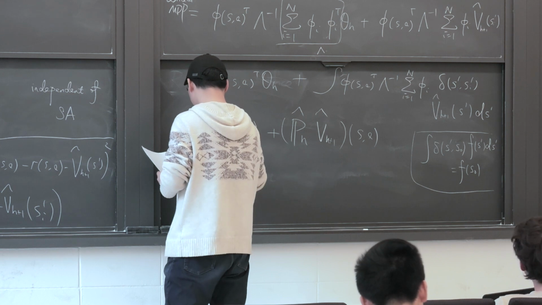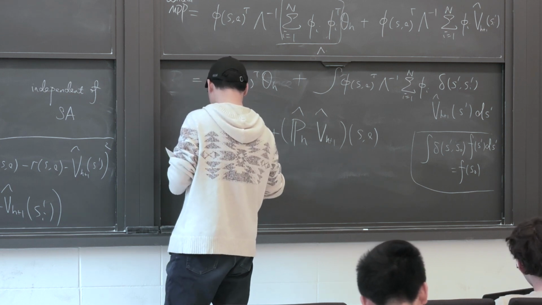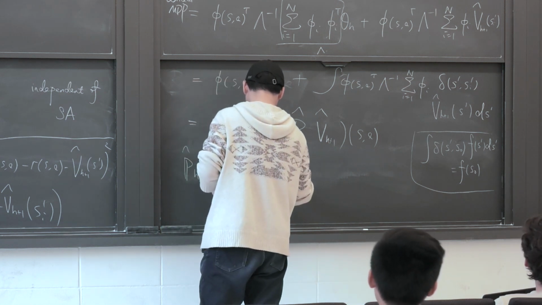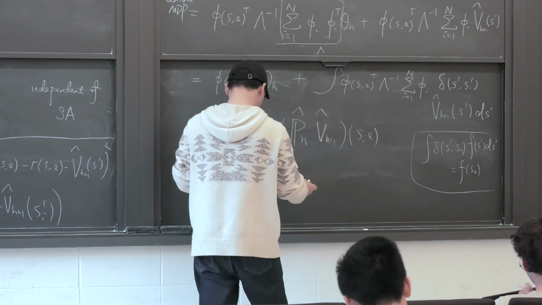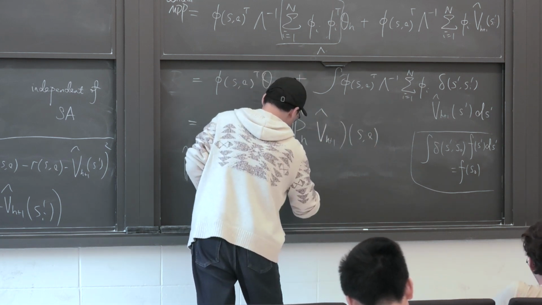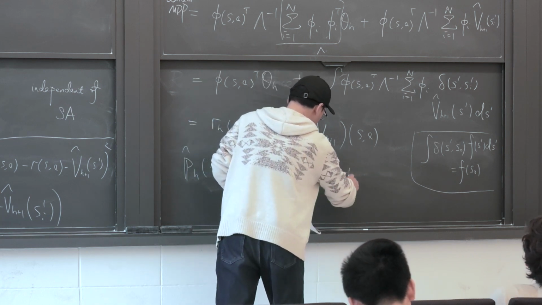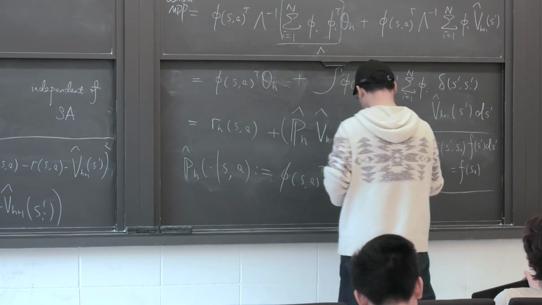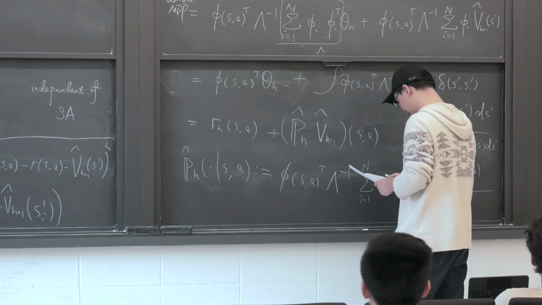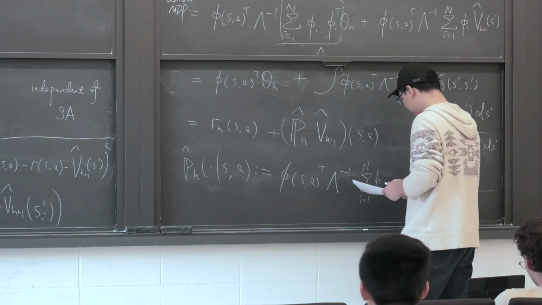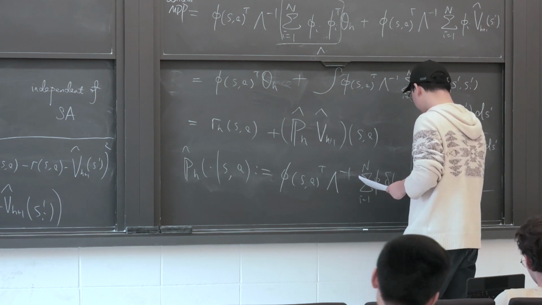So this P hat is a measure of (s,a), defined to be equal to phi(s,a) transpose, lambda inverse, summation i from 1 to n, phi_i delta_{s_i'}.